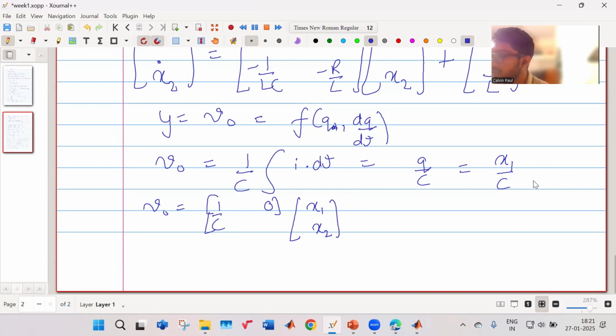So if you see, my V output is x1 by C plus 0 into x2. So this is what is represented by this equation. And this is the C matrix. Right? And here D is 0. Here D into U, and here D is 0.